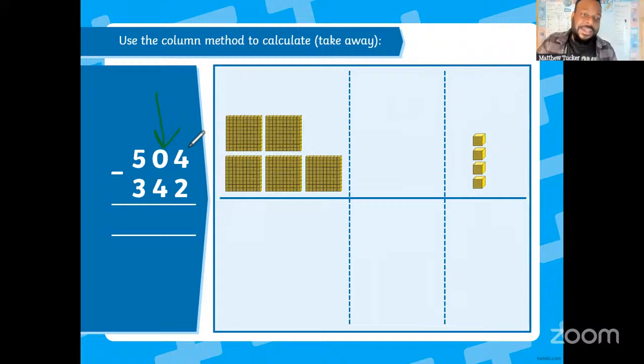What do you do? Same thing we did before when a number is too small on the top. You break up from the next biggest place value, move it over. Okay, it's important to repeat these things because the more we repeat things, the better we get at it, the quicker we get at it, the smoother we can go through the process. With these foundation skills of addition and subtraction, we don't want to make mistakes with them.